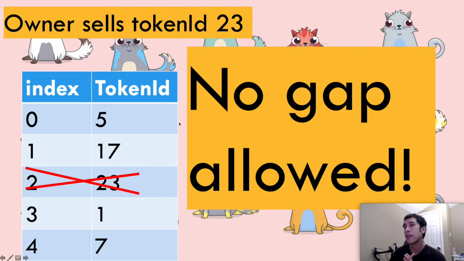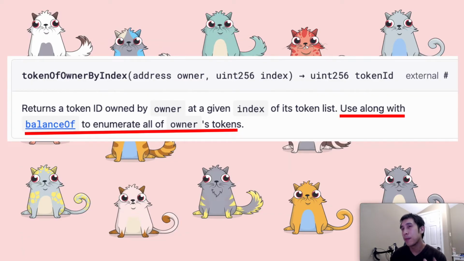And let's say now the owner wants to sell and transfer token ID 23. We now have to remove token ID 23 from this list. However, if we just take 23 out of there, there's going to be a gap. Now, why is this gap bad for us? The gap is bad because it would break the logic that's underlined here in red. The point of using ERC 721 enumerable is that you can use balance of to enumerate all of the owner's tokens.